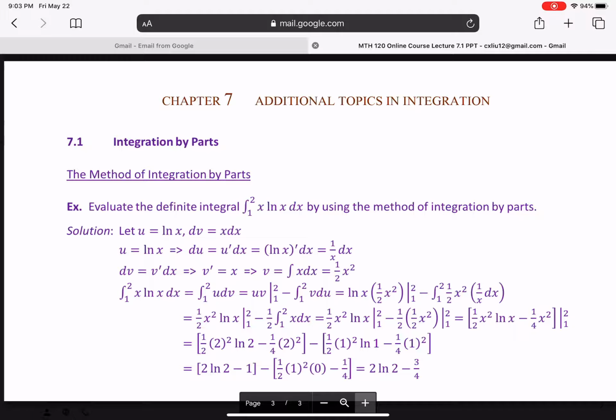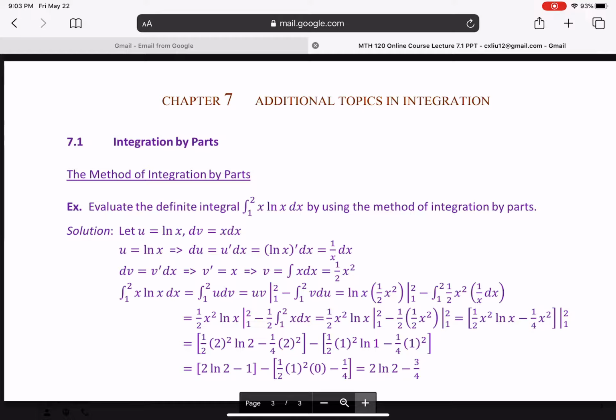So now using the formula for integrating by parts, we get the integral of x ln x from 1 to 2 equals the integral of u dv from 1 to 2, which is uv minus the integral of v du. So that's just ln x times 1/2 x squared minus the integral of 1/2 x squared times 1 over x dx, if you plug in u, v, and du.